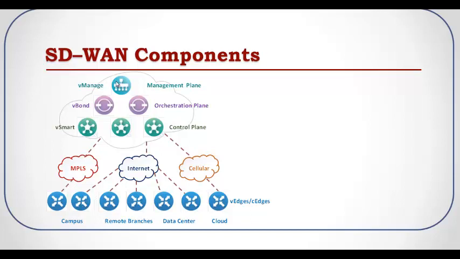So this vBond authenticates by checking whether the edge device is in the whitelist. vBond should have the edge device serial number, the chassis number in the whitelist. This whitelist model provides more security.